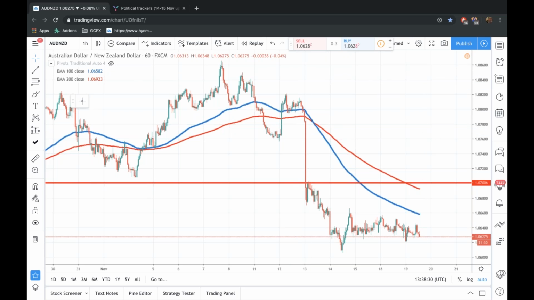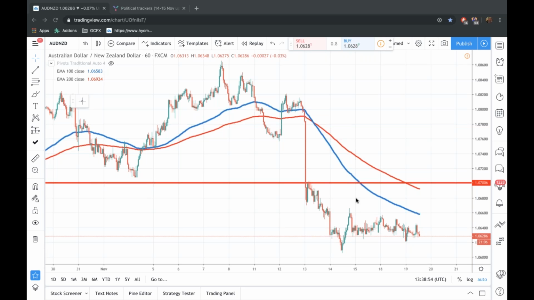Now, Hashik, what are you thinking here with Australian dollar, New Zealand dollar? See, if we look at the Australian dollar, we've got a more bearish outlook with the RBA minutes coming out.